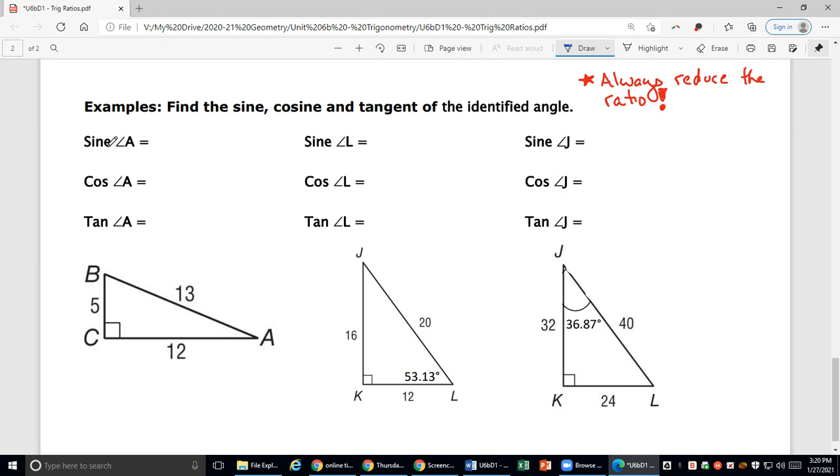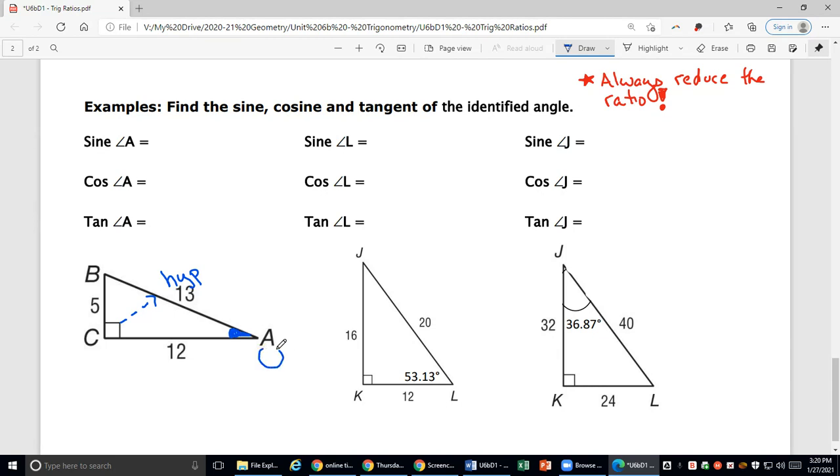So the first one here, I want to find the sine, cosine, and tangent of angle A. The very first thing we always do is identify our hypotenuse. So in this case, my hypotenuse is 13. Then we figure out what angle we're standing at. Since I want the sine, cosine, and tangent of angle A, that tells me that angle A is the angle where I'm standing.